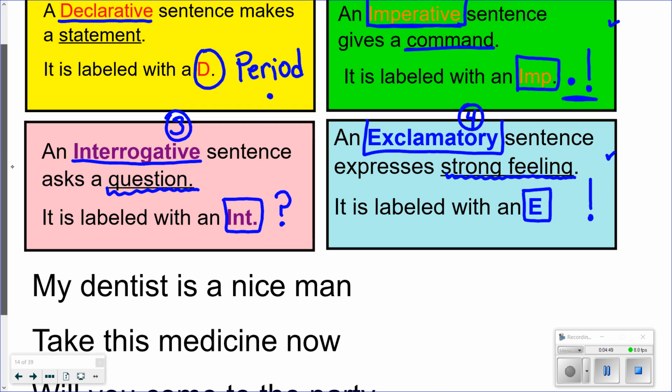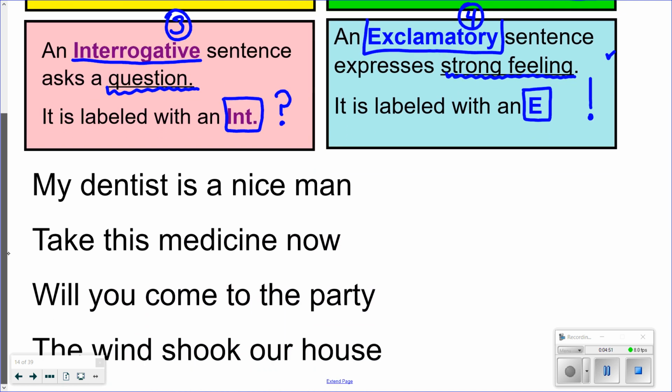We're going to practice with some sentences now. So I'm going to scroll down so we can see the sentences. And we're going to look at these sentences and decide what type of sentence they are. Okay? My dentist is a nice man. Is it a statement that's telling me a fact? Is it a command that's telling me to do something? Is it a question that's asking me something? Or is it something that's got strong feeling that's being said with real excitement?